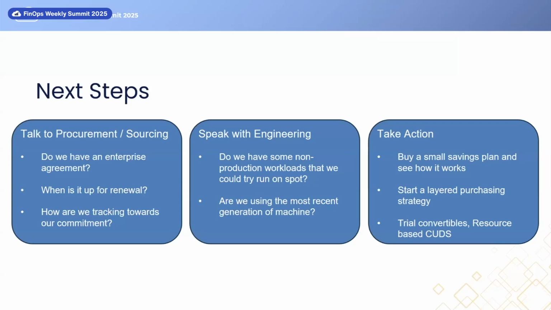The last piece then is just take action. Do something. Not something too dramatic, but just take a small action, whether it be buying a very small savings plan, just to see what it looks like. How does it appear in your billing? Can you see the utilization? Can you see the savings start to flow through?